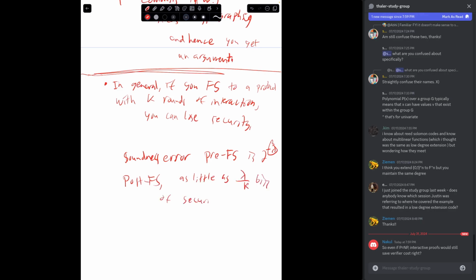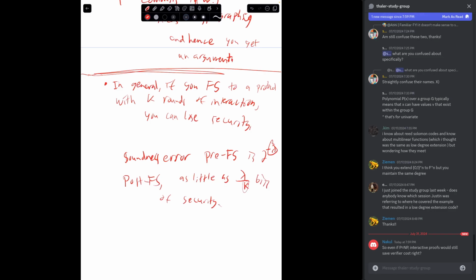Even for k equal to 2 or 4, this could be catastrophic. If you're working over a 128-bit field, and a lot of projects today are working over even smaller fields, which I really think they shouldn't be, and you lose a factor of 2 in security, now you only have 64 bits of security.